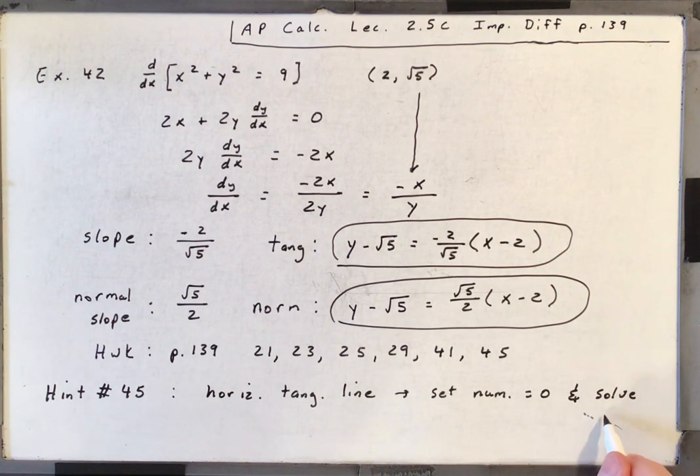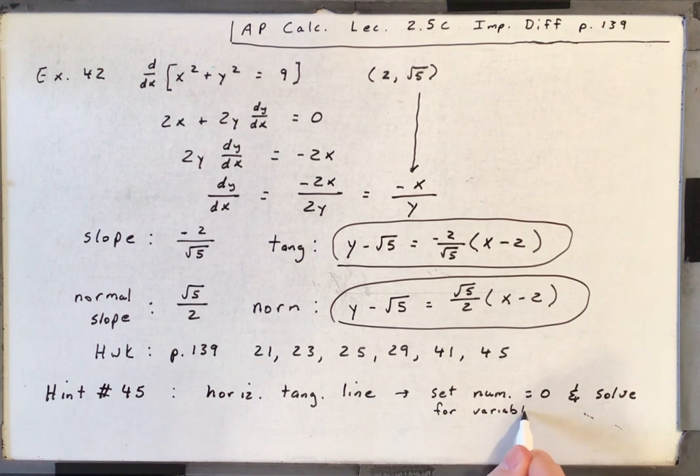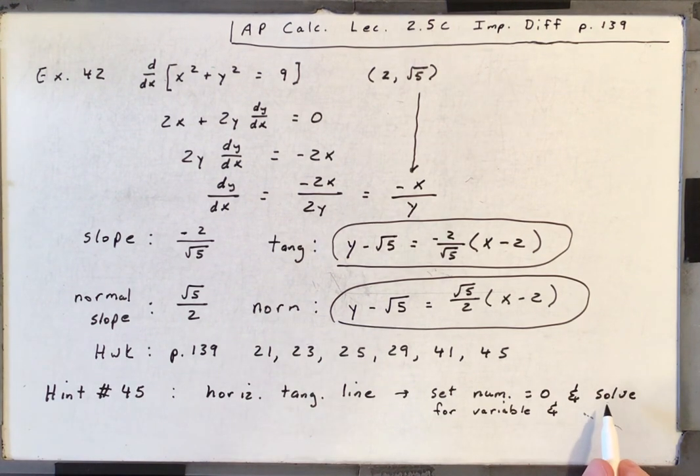And so you'll end up solving for x, I believe, on that one. It may be y, whichever one you have, but you solve for the variable whichever one the numerator has. It could be x's, could be y's, I don't remember.